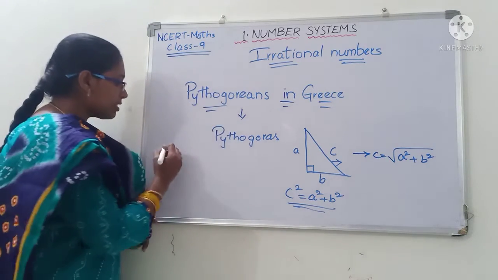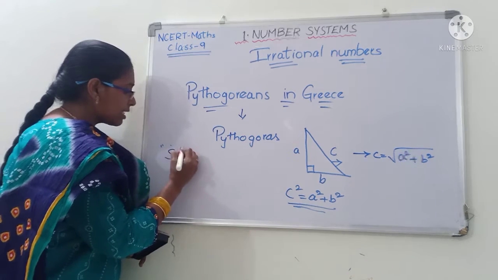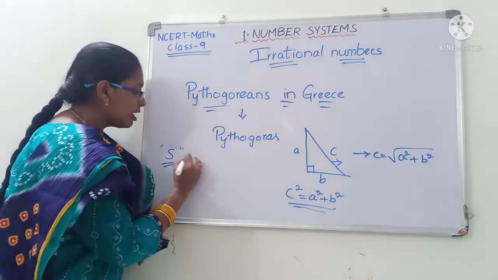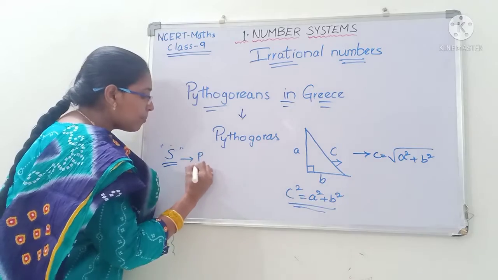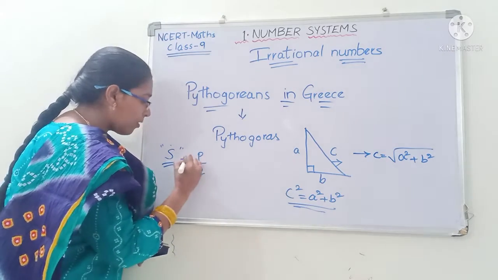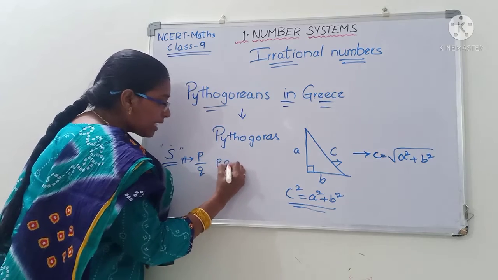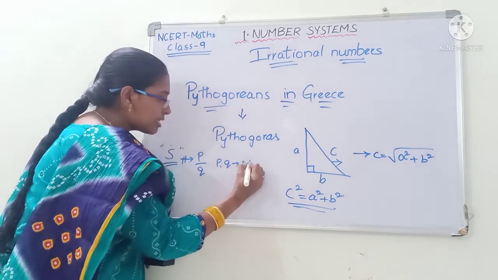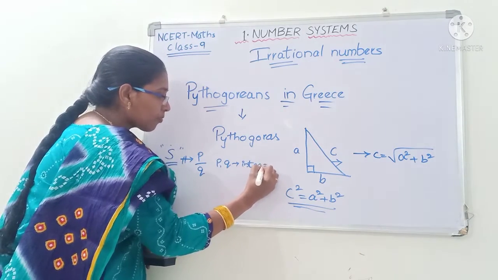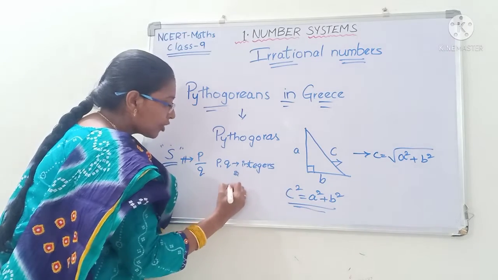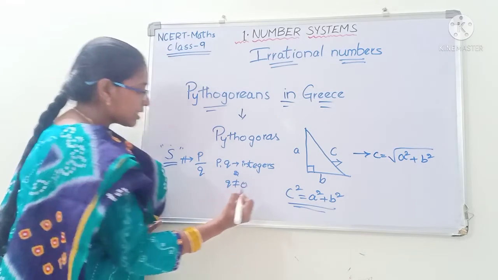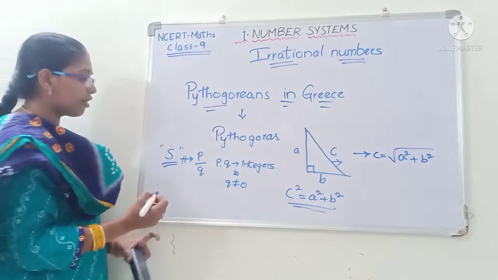What are irrational numbers? A number, suppose S, is called an irrational number if it cannot be expressed in the form of P by Q, where P and Q are integers and Q not equal to 0. What are irrational numbers, children?